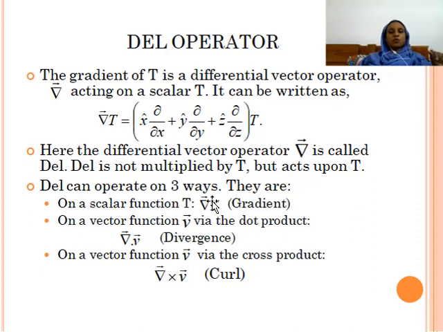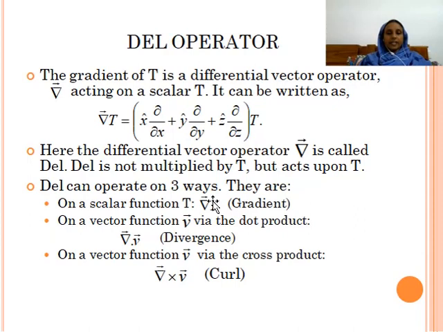Now, del can operate in three ways. As we already learned, vectors can operate in different ways, three major ways. Since this del is a vector operator, it can perform in three ways. The first case is del operator acts upon a scalar function.